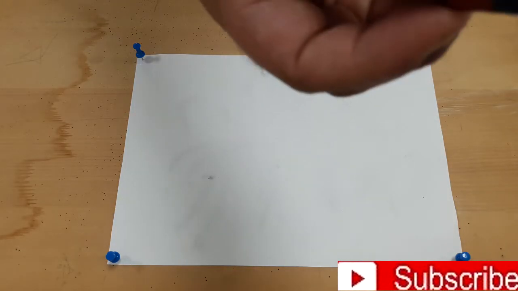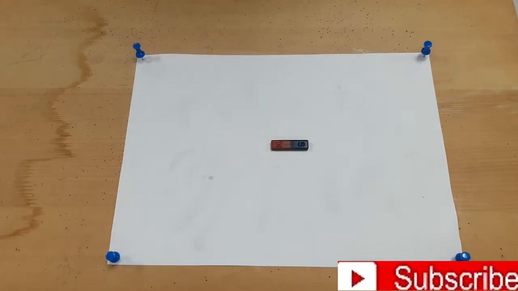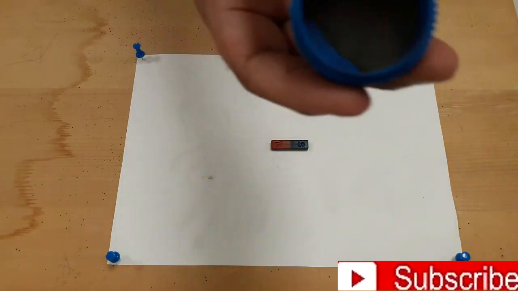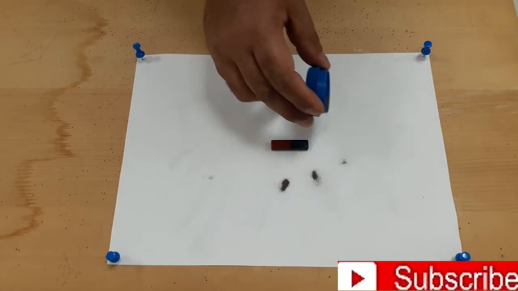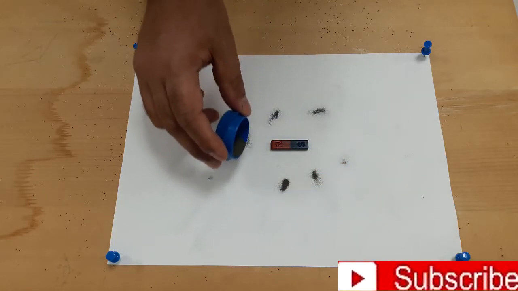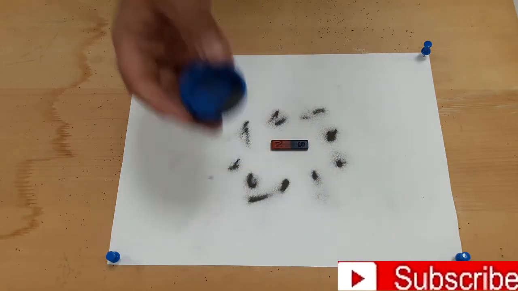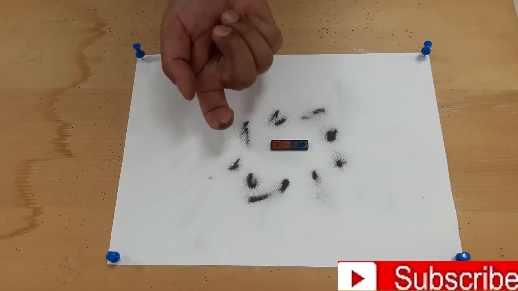Now keep one bar magnet at the center of the white paper. Now sprinkle iron filings, which means iron powder, uniformly around the bar magnet like this. Now just tap the paper.